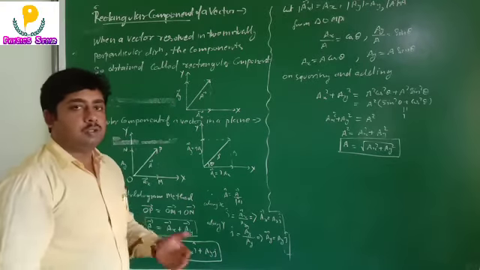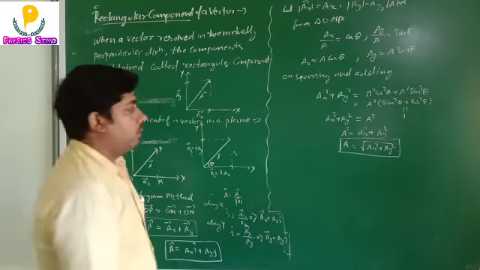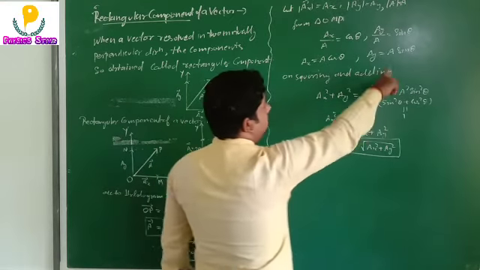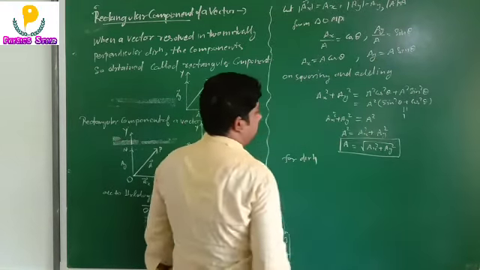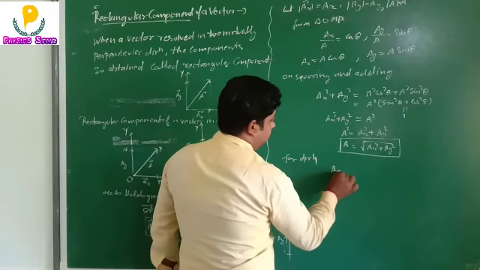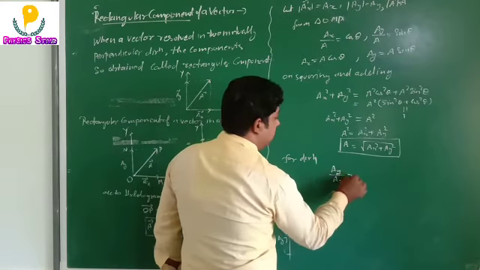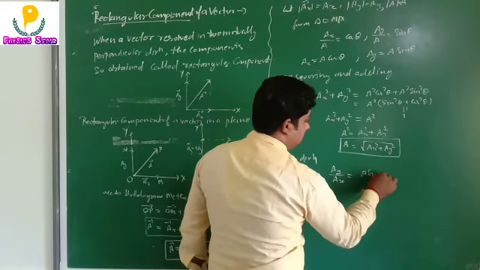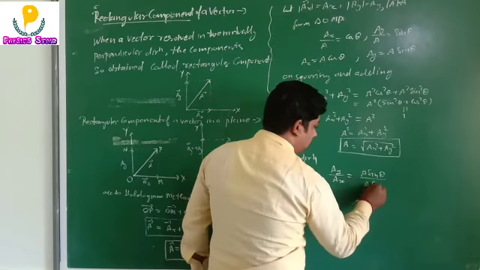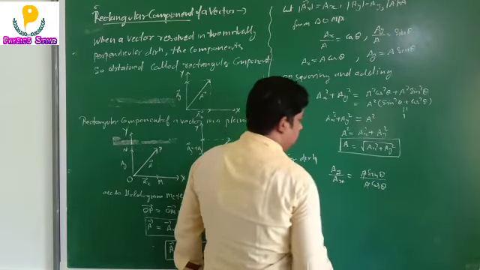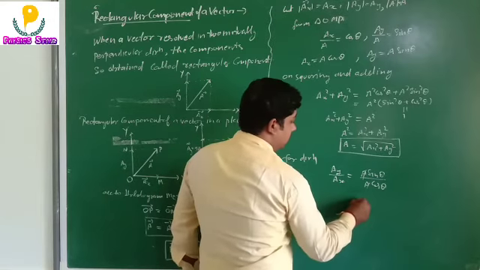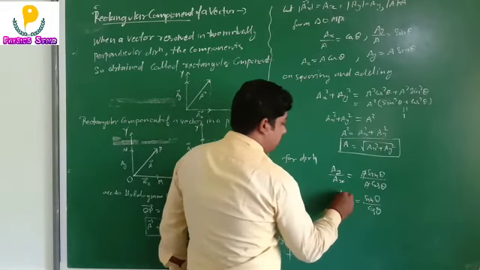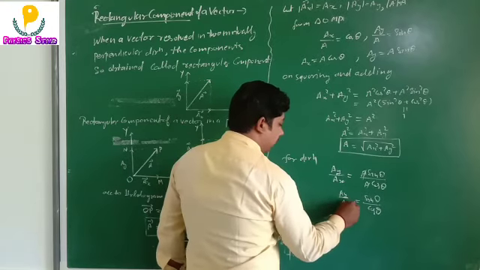But it is a vector, so it has direction also. For direction, we can divide ay by ax. From the equations, ay is a sin theta and ax is a cos theta. The a and a cancel out, so we can write sin theta upon cos theta, which is ay upon ax.